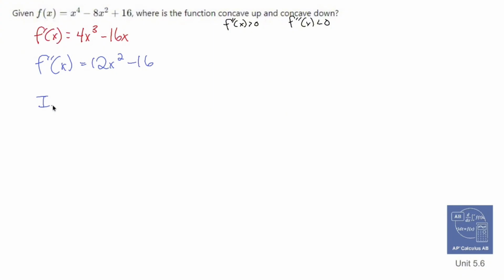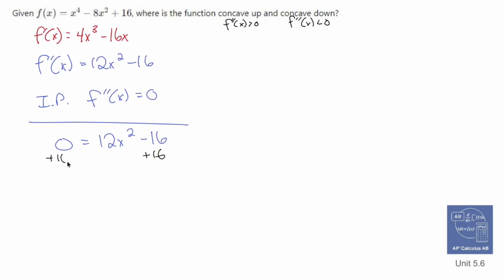So inflection points. Inflection points exist when f double prime of x is equal to 0. So that happens when 12x squared minus 16 equals 0. Let's add 16 to both sides, and you get 16 equals 12x squared.